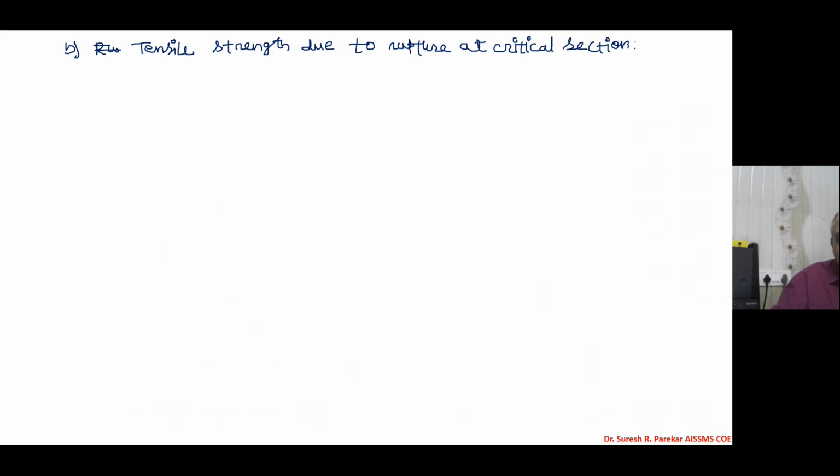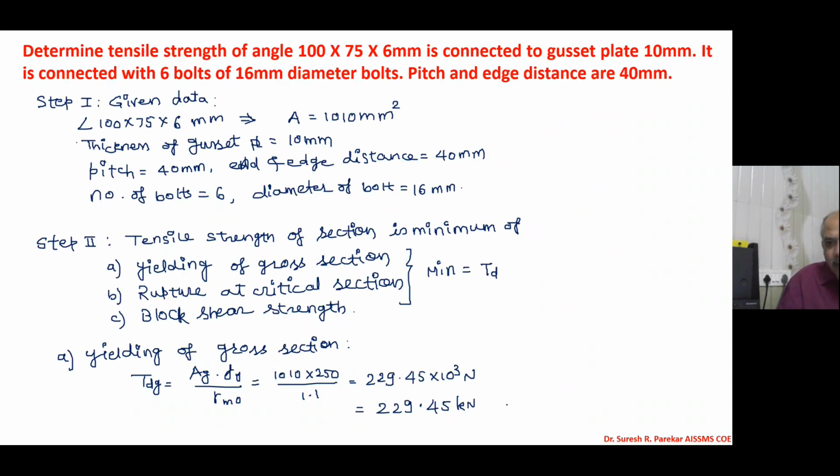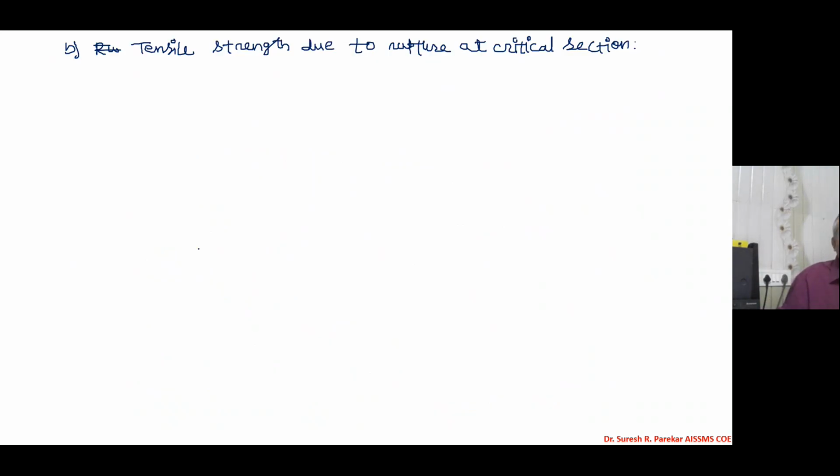Now this we will give number 1. We have the formula for Tdn, that is equal to 0.9 Anc Fu upon gamma m1, plus beta Ago Fy upon gamma m0.